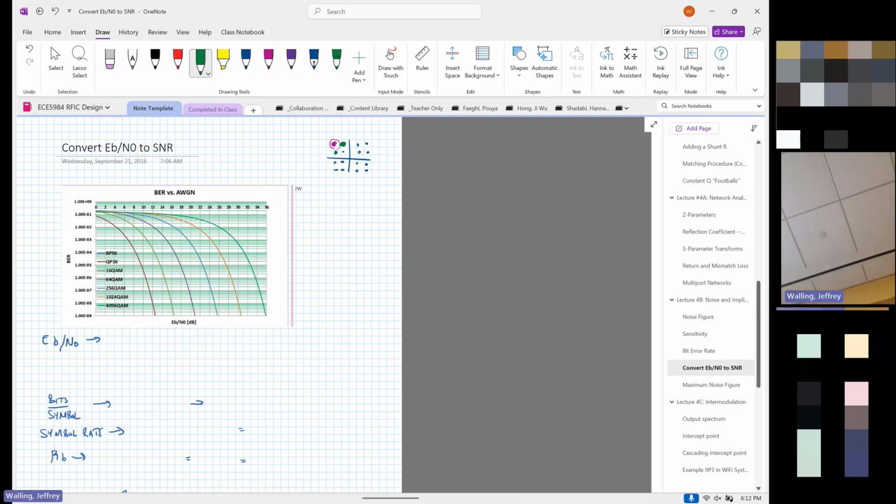And so what this waterfall curve is doing is telling us, for different modulation standards that I look at, what is the SNR that I need to achieve in order to achieve a certain bit error rate. The more dense the constellation gets, the more information that I'm packing into the constellation, the higher SNR I need in order to be able to make a decision.